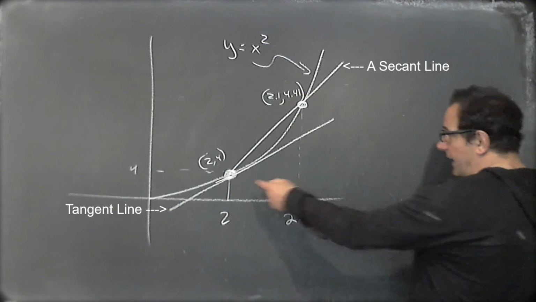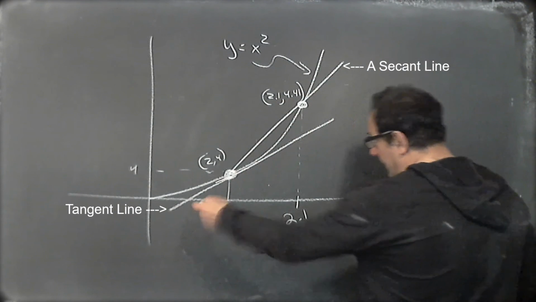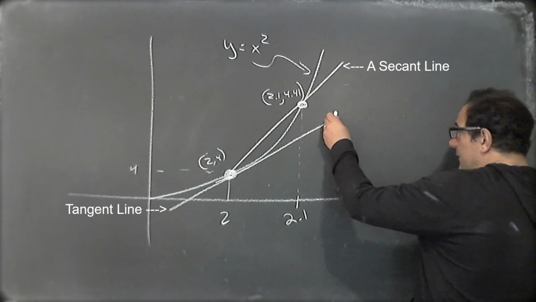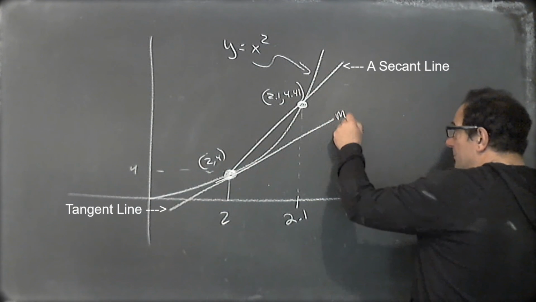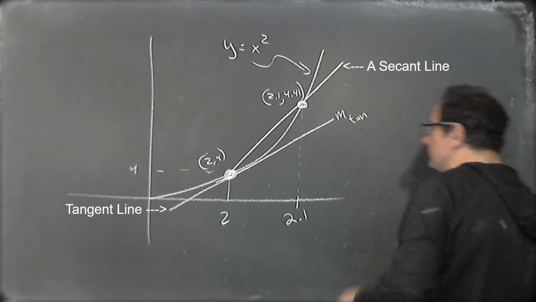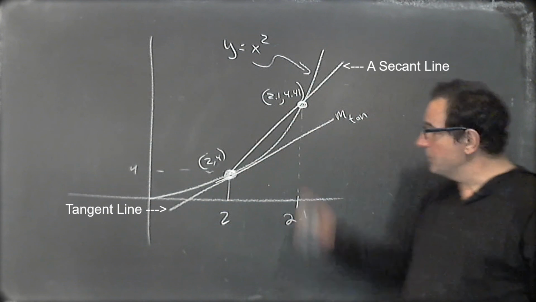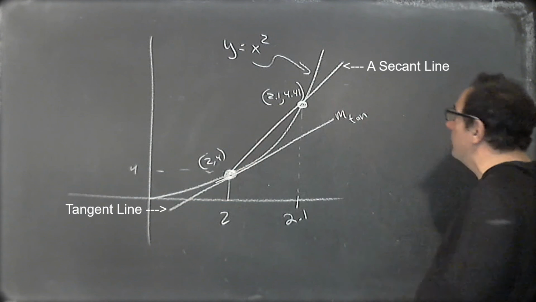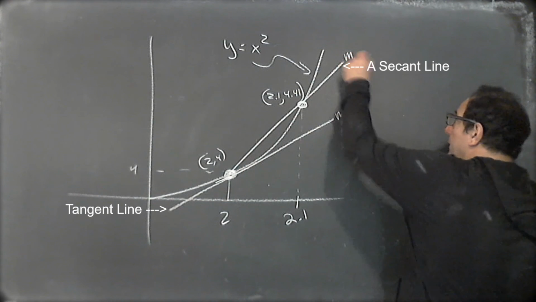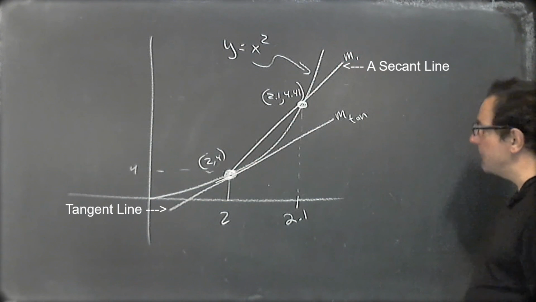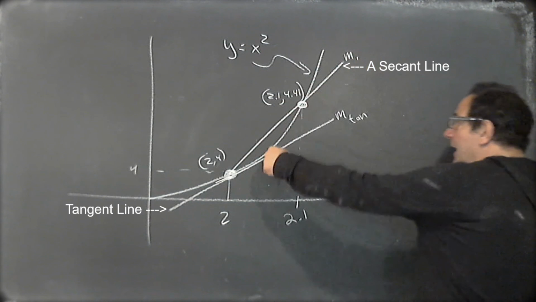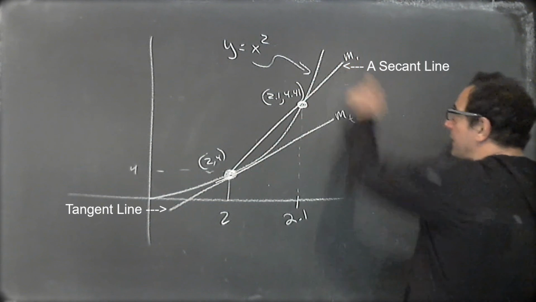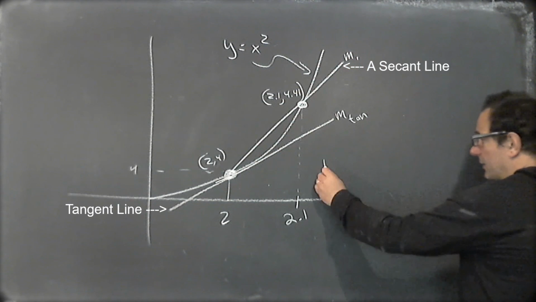The slope of this tangent line here we can denote M tan, a notation used in a lot of calculus books, whereas the slope of this other line I'll call M1. This is not the tangent line; its slope is M1. So let's compute it.